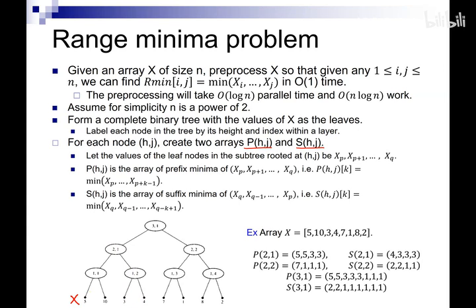Now, what are these P and S arrays? P stands for prefix minima. For each of these nodes, we're going to look at all of the X values in the subtree, and P is going to be an array of prefix minima.